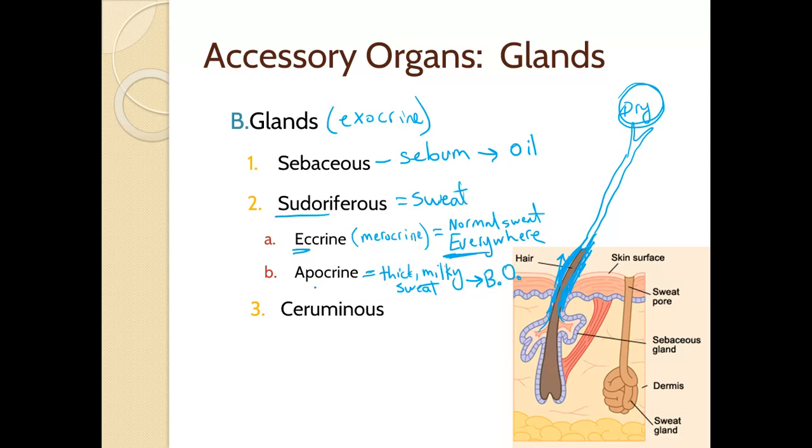So you can imagine that apocrine sweat glands are found in places like your armpits. That's the main place we find them. There are a few other places around your body. You can also find them in your anal and genital regions. So all sorts of lovely places like that, basically in your crotch and in your armpits.